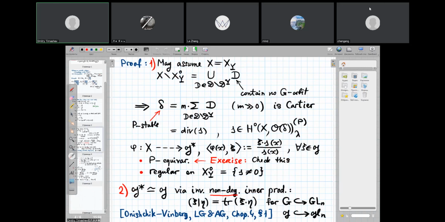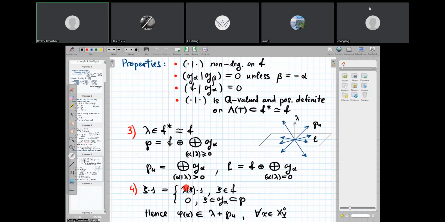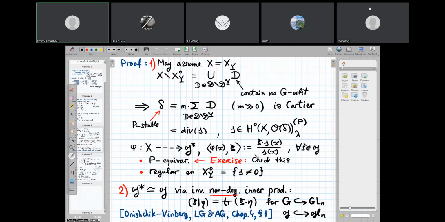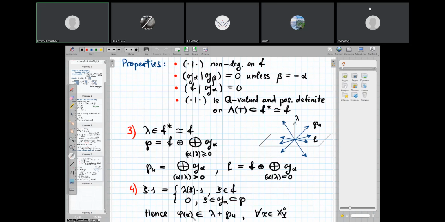They will cancel. So we'll just get this lambda of psi. Okay? This linear function takes this value on the maximal torus and 0 values on here.